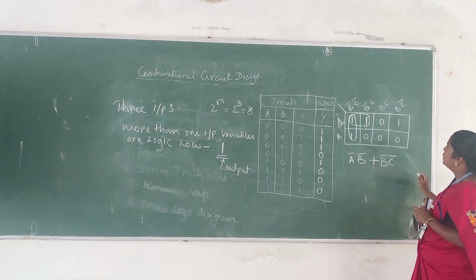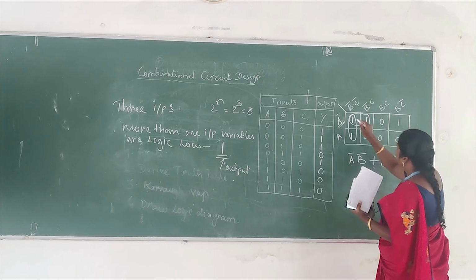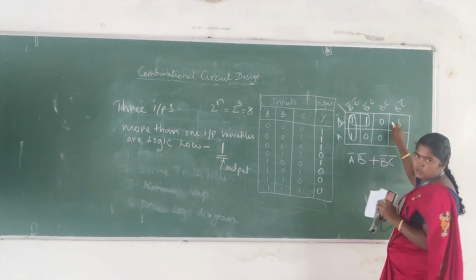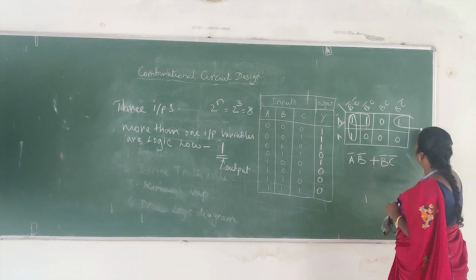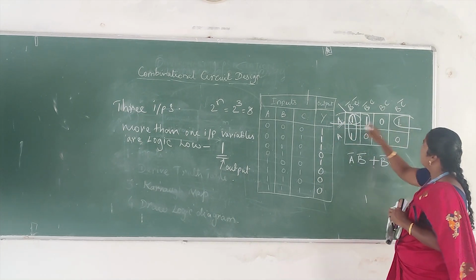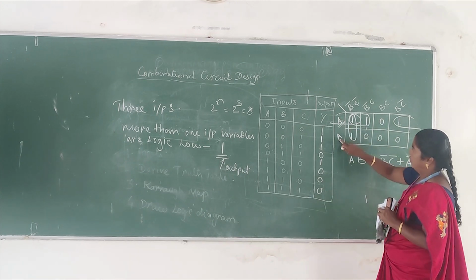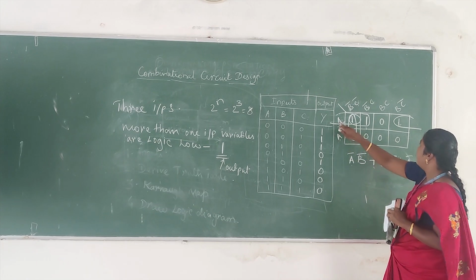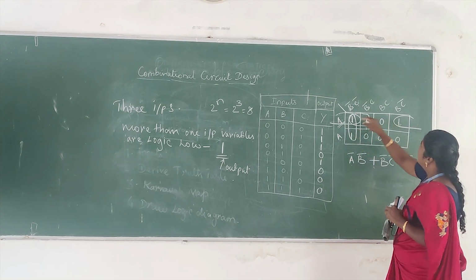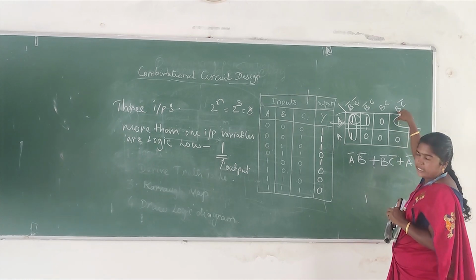And then the third one, we fold the map. Both ones are touching each other, so we can group it. So the corresponding value is plus A bar, there is no A. Take A bar only, and B, B bar are complements of each other, so they get cancelled.